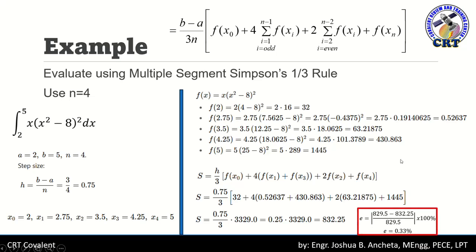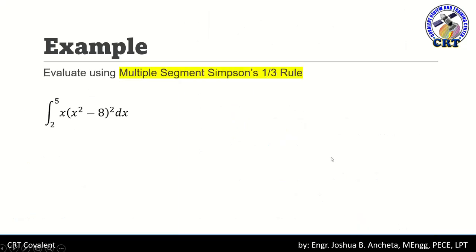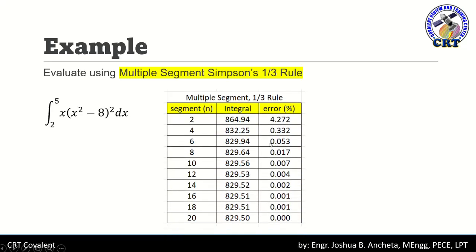In solving for the error, we have 0.33% error, a very small error in this case. If you continue this method with other segments, you can achieve the following percent error, and you can achieve 0% error by using 20 segments.